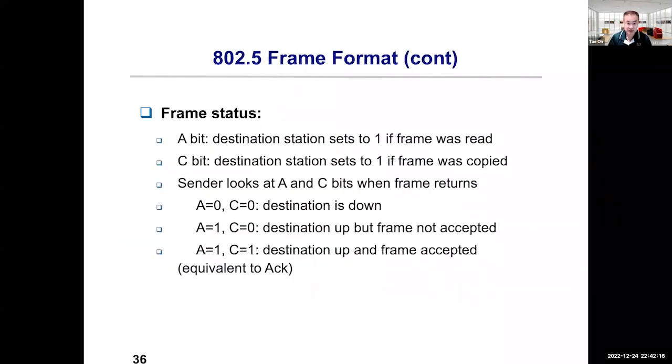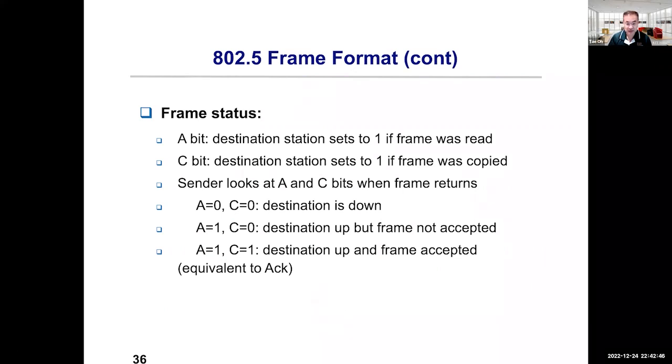Frame status indicates that the destination station sets A to 1 if it has read the frame, and sets C to 1 if the frame was copied. Once it receives it, it can make a copy. So A equals 1 and C equals 1 means the destination has read and copied it, and then it's done.